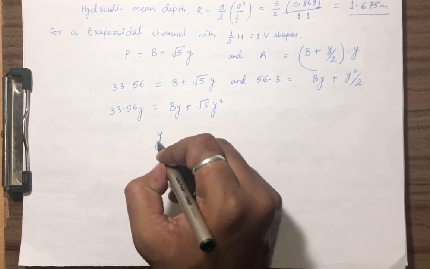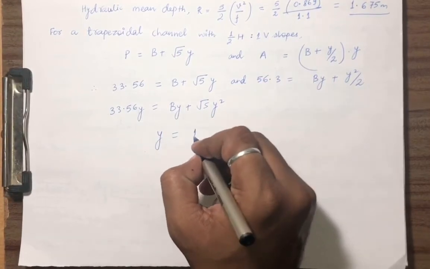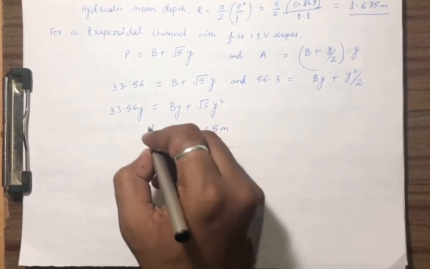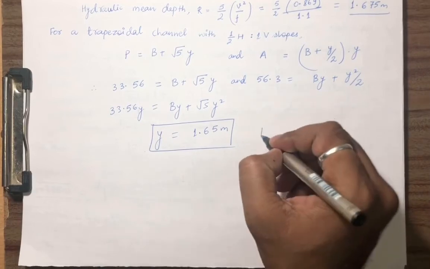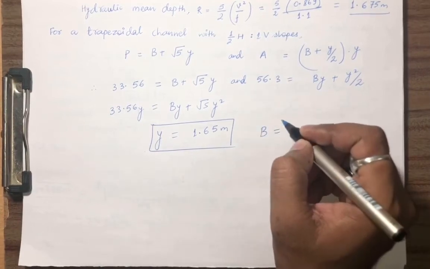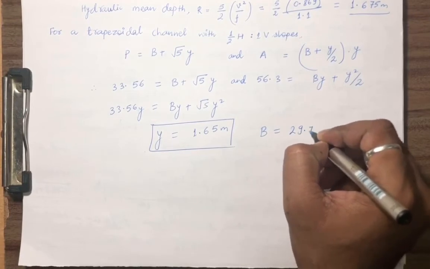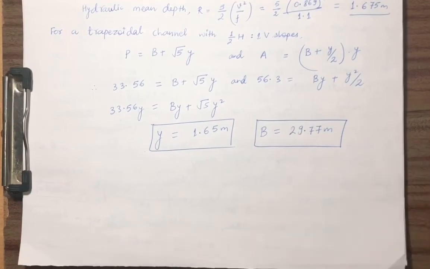From that equation you can get y as 1.65 meter. If y is there, we can directly calculate B. B is coming out to be 29.77 meter. So these are the channel dimensions.